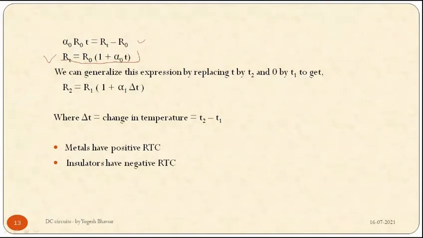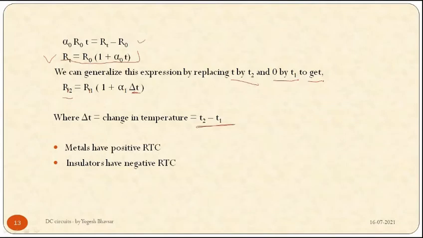We can generalize this expression by replacing T by T2 and 0 by 1. Here RT2 is equal to RT1 in bracket 1 plus alpha 1 delta T, where delta T is the change in temperature, T2 minus T1.